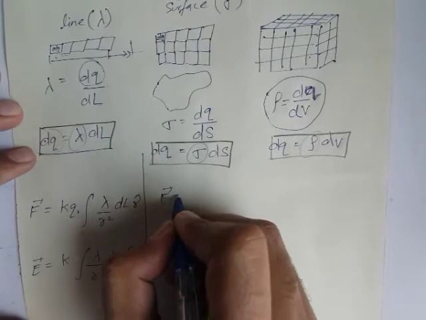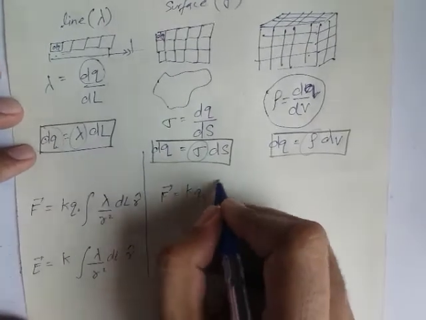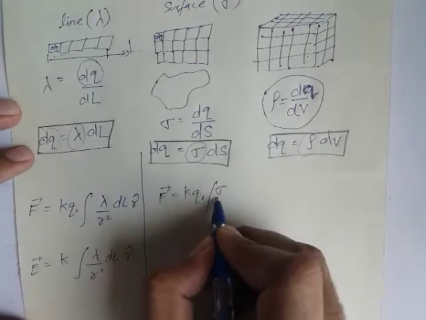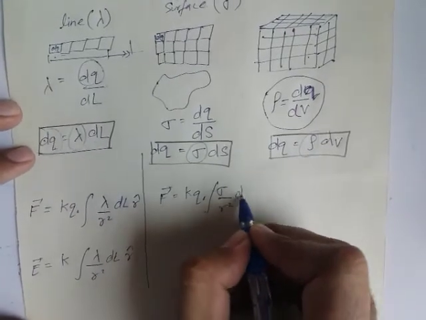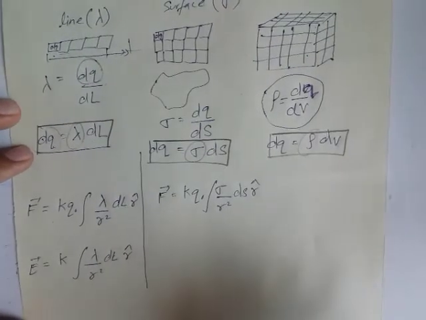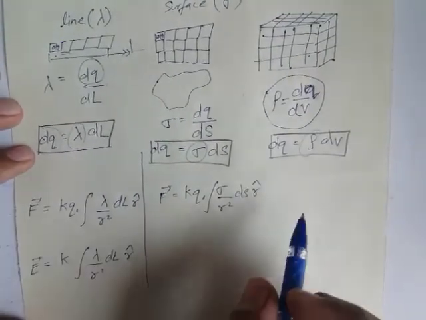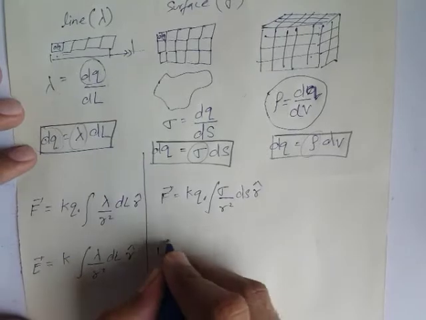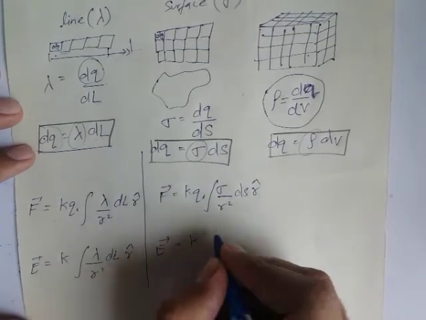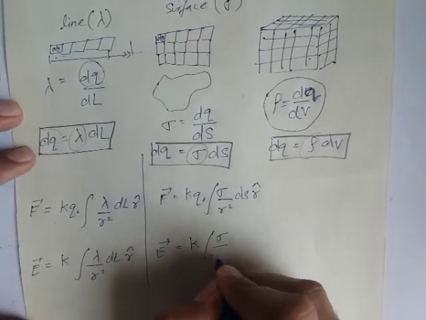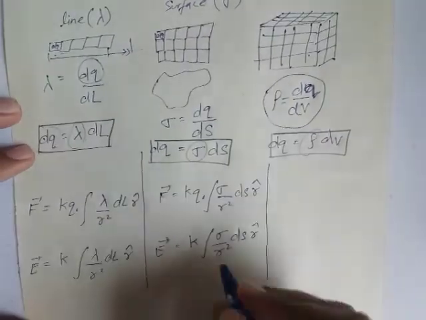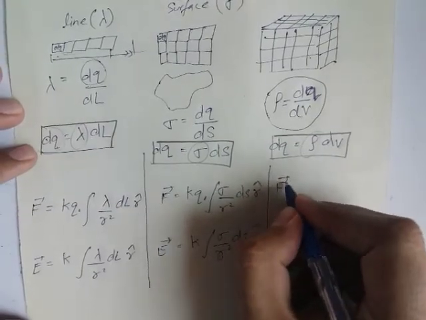Same way we are going to do this for a surface. For surface, K q naught, instead of lambda we write sigma, the surface charge density, upon r square dS, pointing in whatever direction we want. Now the electrical field: K q naught will be removed, sigma upon r square dS. Now you can find your volume.